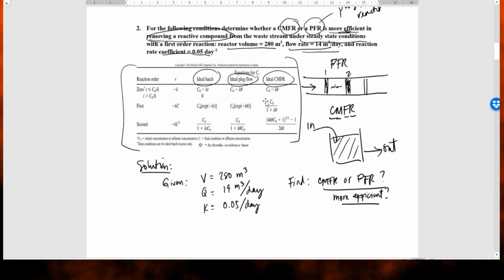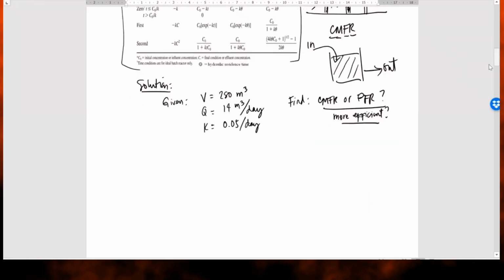For efficiency, we know that efficiency is basically the initial concentration minus the final concentration over the initial concentration times 100%. So normally this is the formula for efficiency, right?